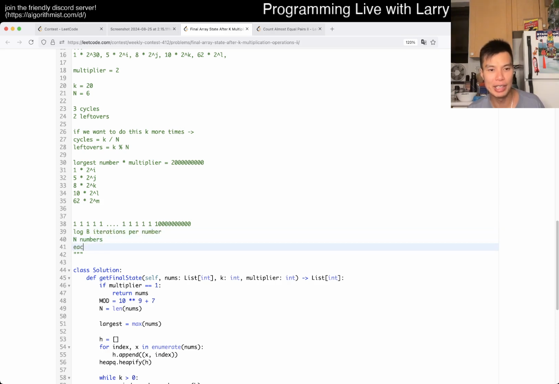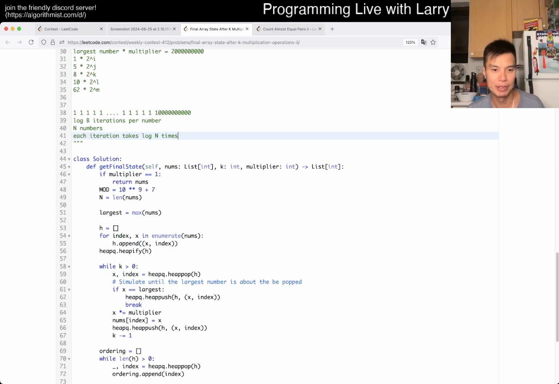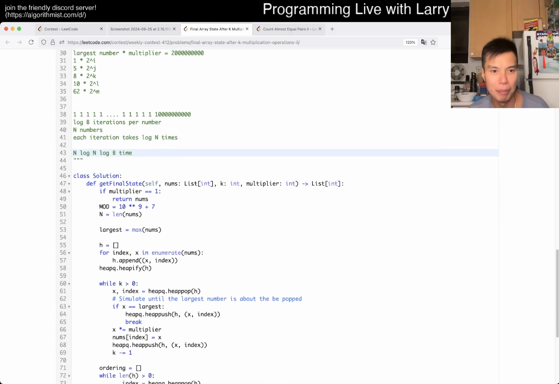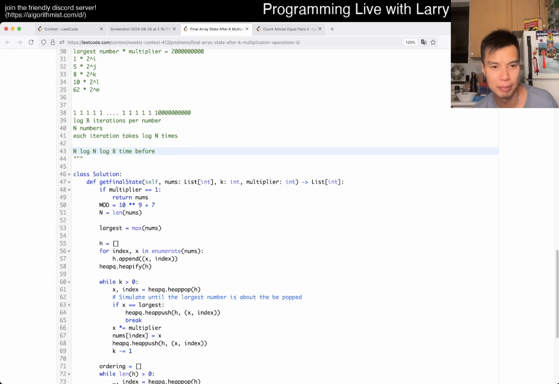Each iteration takes log n time from the heap, because we have 2 heap operations, the pop and the push. So in total, this is going to be n log n log b time before the simulation ends.